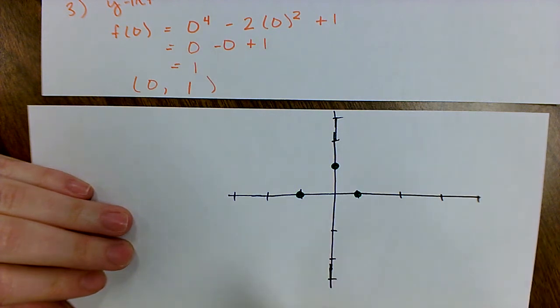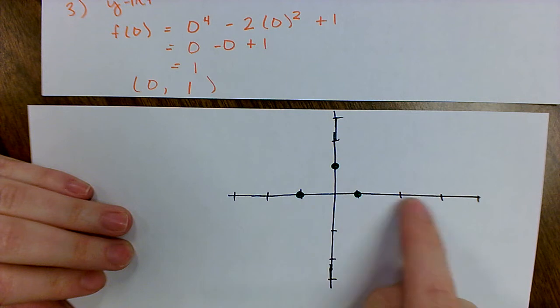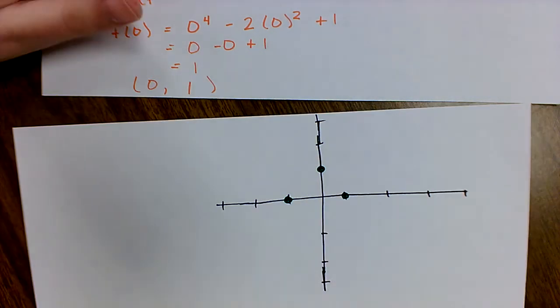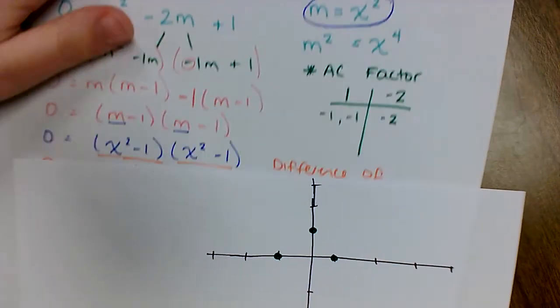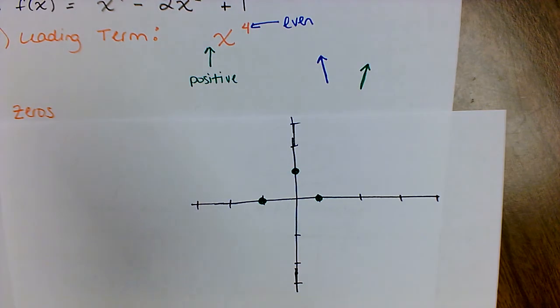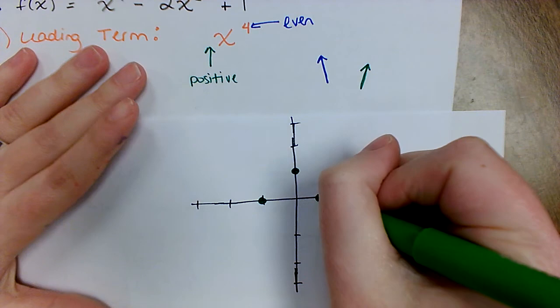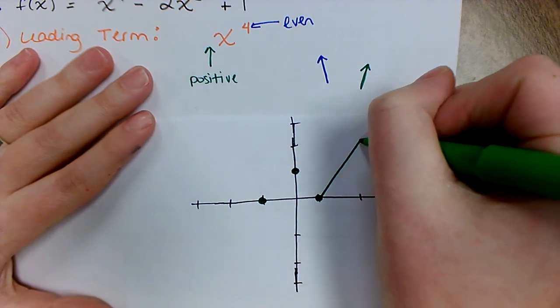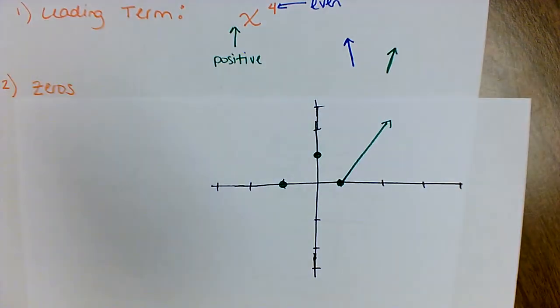It never turns and comes back the other way because it doesn't ever hit my axis again. Based off my end behavior, I said that towards the right it was going up. So from here on out, it's got to go up.